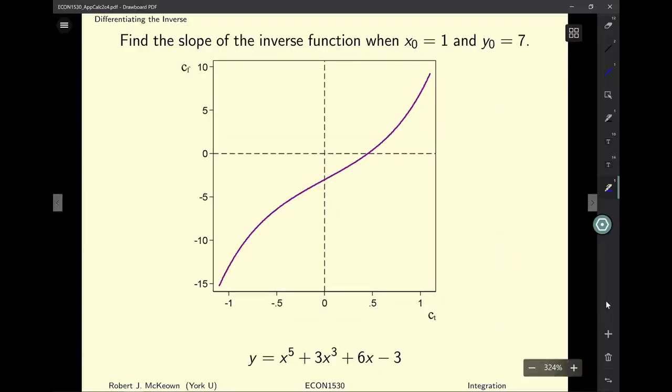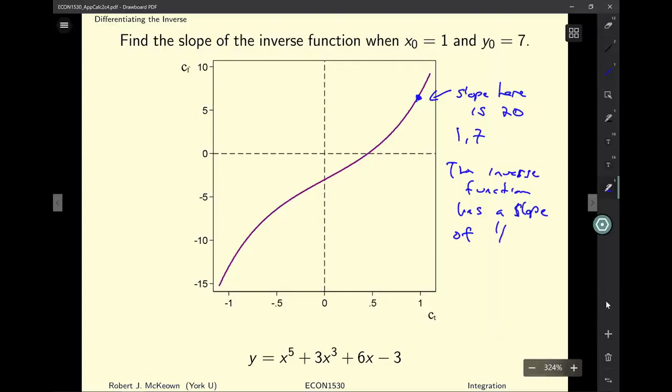So if I go back to our diagram and look at the point of interest that we started with, it turns out that the slope here is 20, and that's at coordinate 1, 7. And the inverse function has a slope of 1 over 20 at coordinates 7, 1.